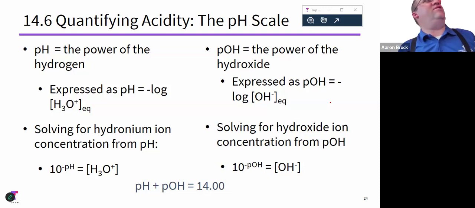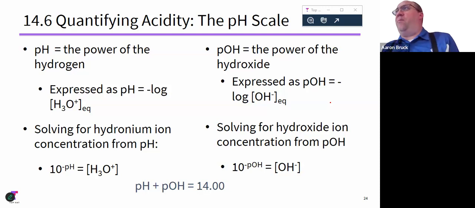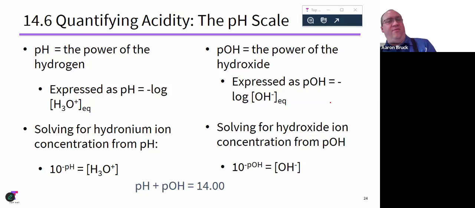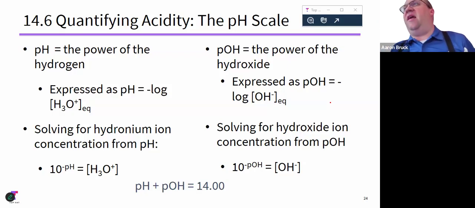So pH, P standing for power, H for hydrogen, or more specifically, hydronium. We can calculate the pH value of our solution by taking the opposite of the log of the concentration of hydronium ion in that solution at equilibrium.